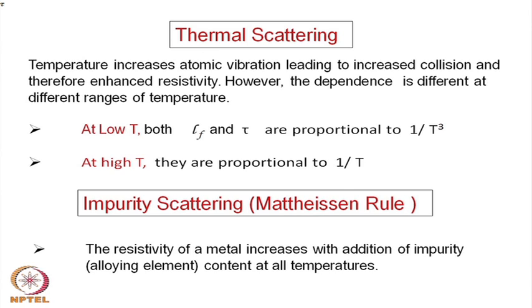So, the electrons not only collide with or interact with the phonon modes of the lattice vibrations, but if there is an impurity, it also impedes the motion of the electrons, and that is how they retard the movement. So, the conductivity gets decreased.